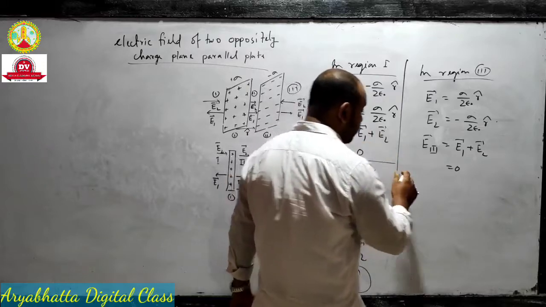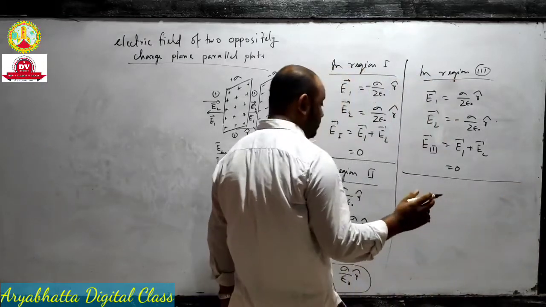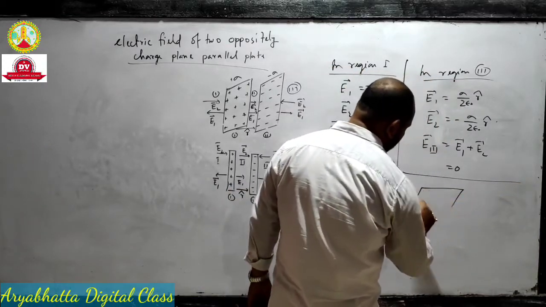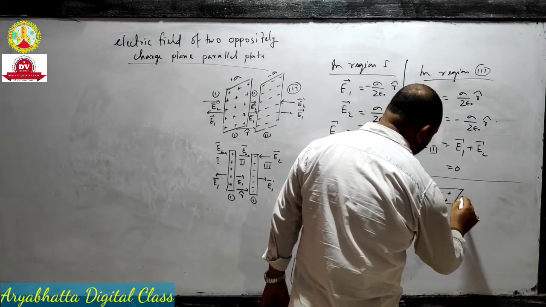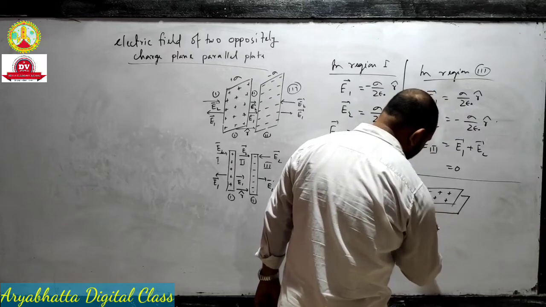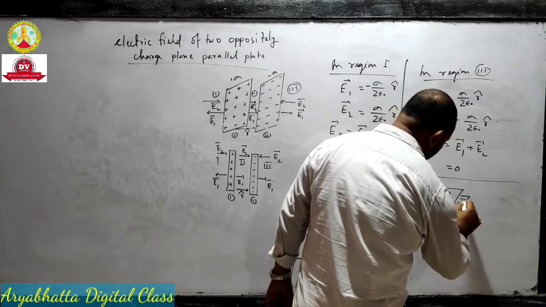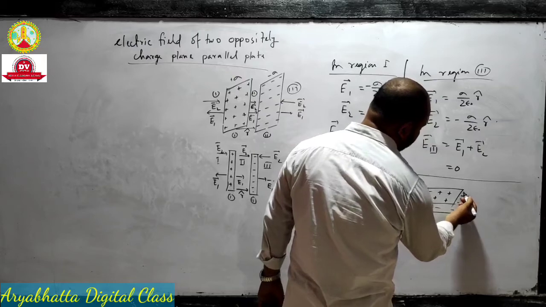Suppose we have two oppositely charged plane parallel plates. Suppose this is our positive plate, and suppose this is our negative plate, like this, and there is some separation between them.